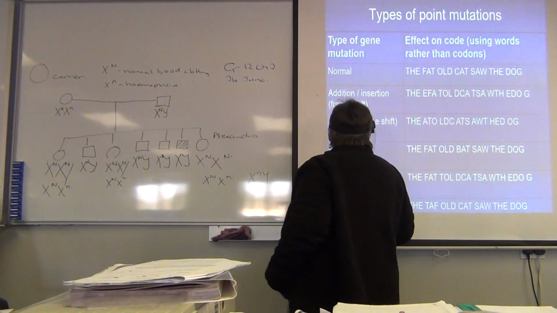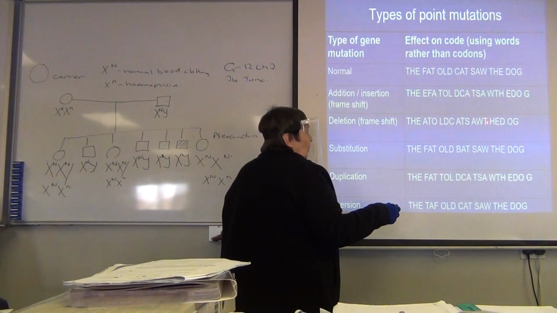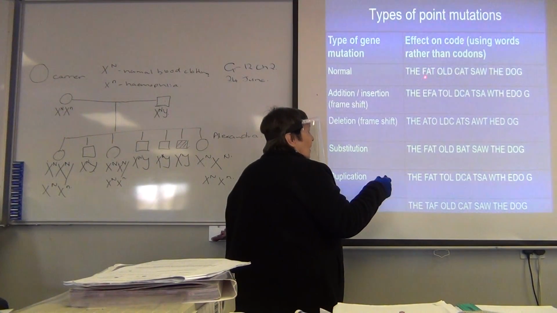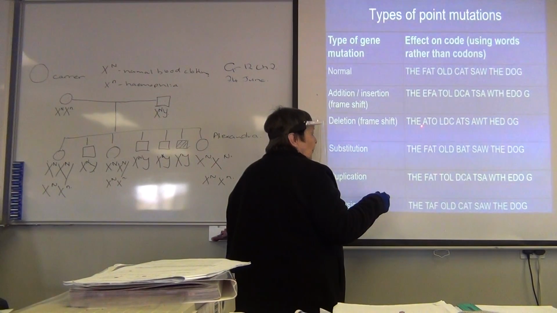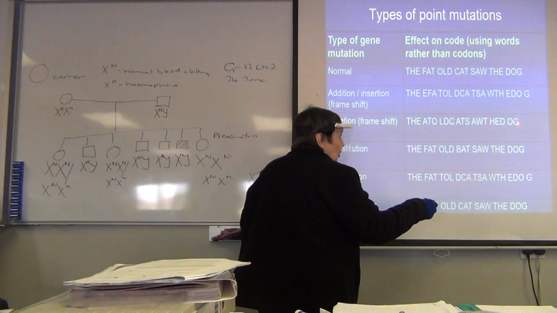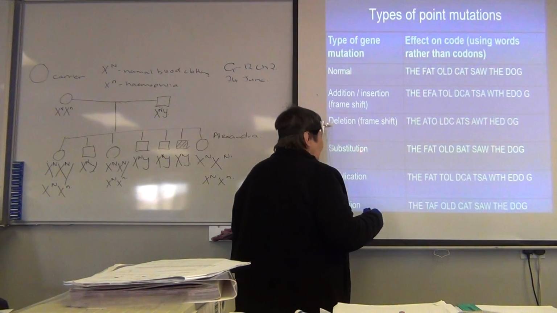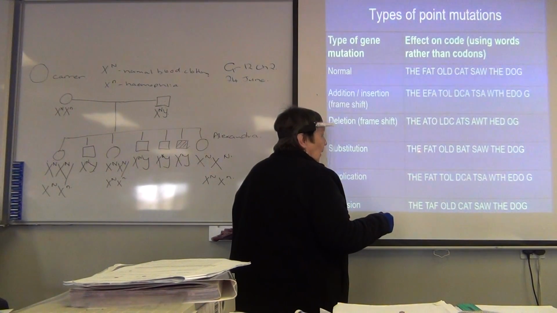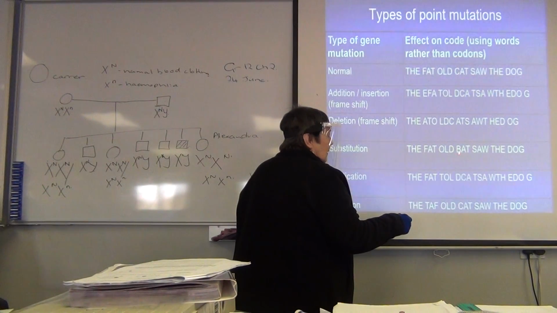Okay. This deletion also has a frame shift. So you can see that the F for fat was lost. And so all of these codons are also wrong. Substitution. Okay, the fat old bat.